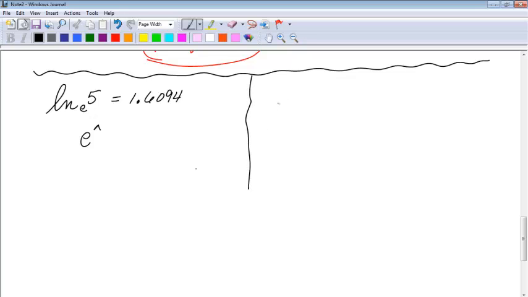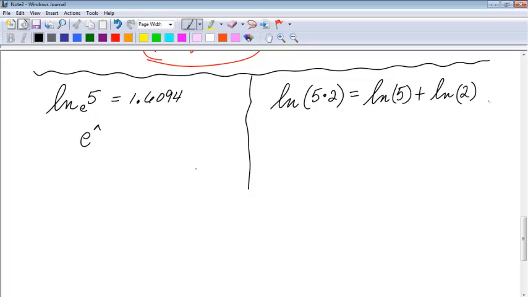So if I took the natural log of, let's say, 5 times 2, if I multiply the numbers, what would I do with the logarithms? Add them. So that's the natural log of 5 plus the natural log of 2. They should be the same. So let's try it. Natural log of 10, basically, and I get 2.3026.